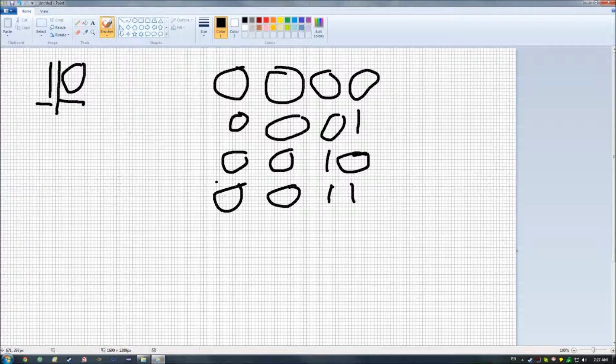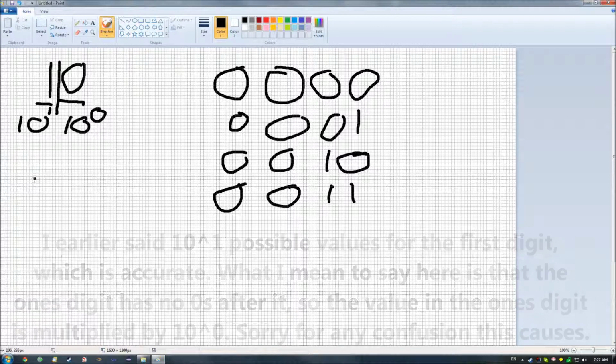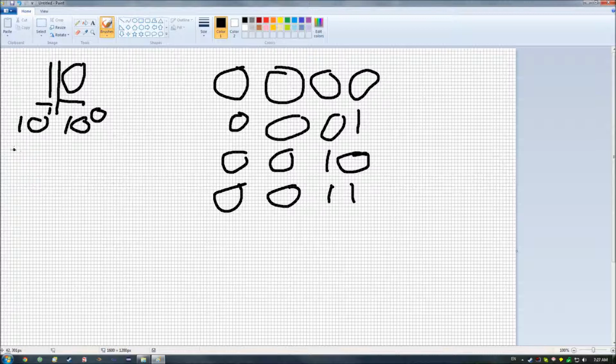So you might be wondering, okay, how do you read binary then? Well, you remember how I said that in this digit spot, it's effectively 10 to the 1, and in this spot here, it is effectively 10 to the 0. While I didn't explicitly say 10 to the 0, it was implied by the fact that 10 is 10 to the 1, 100 is 10 squared, and so on and so forth.